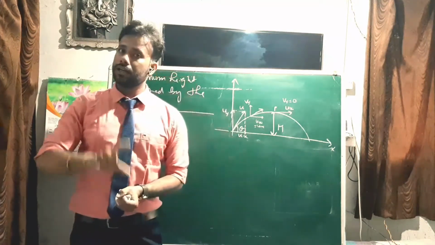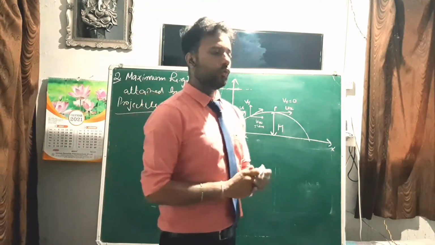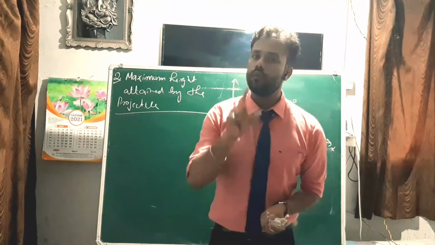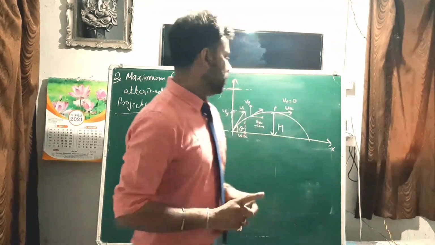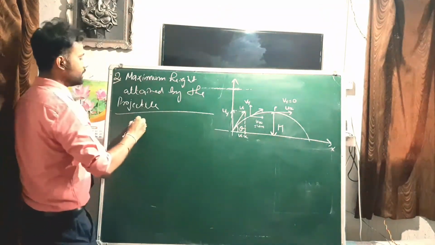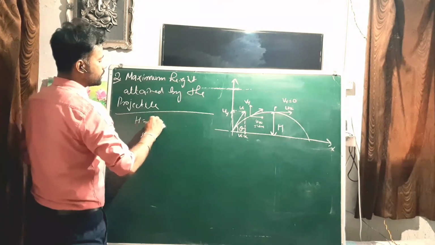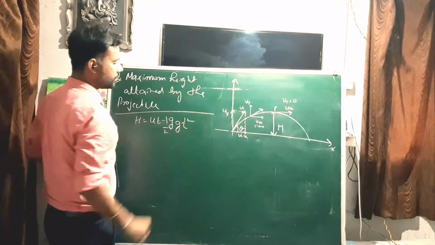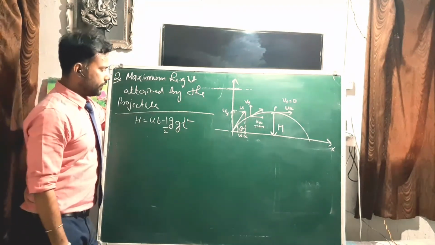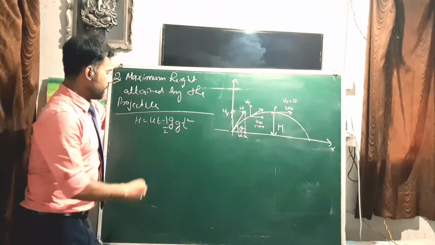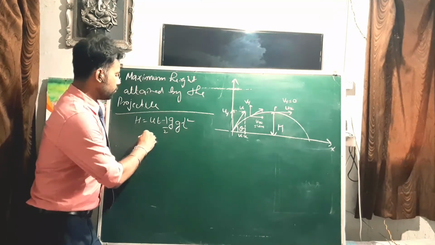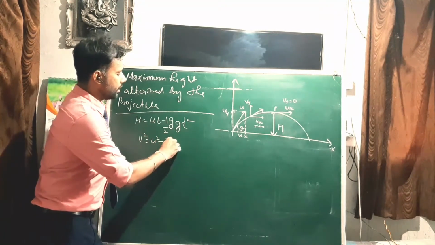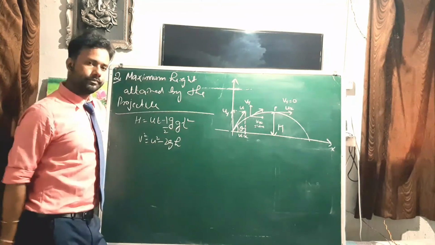That means vertical distance. And I told you that to find the vertical distance, we take the vertical velocity component. According to the second equation, h will be taken as ut minus half gt square. And the second formula is v square equals u square minus 2gh.